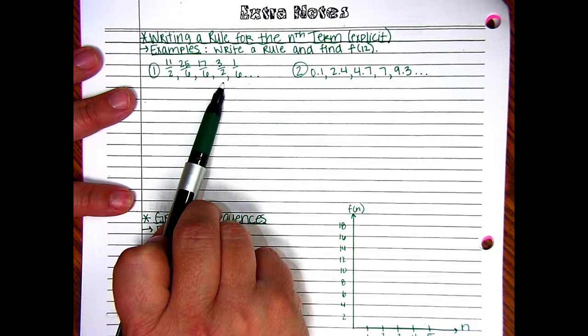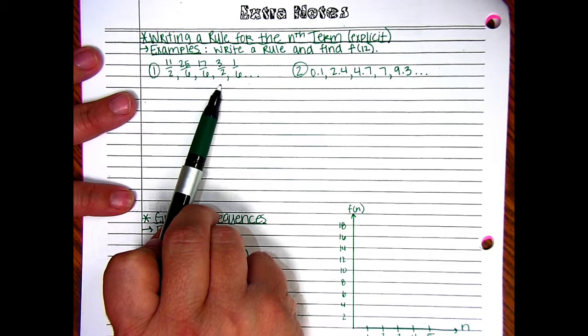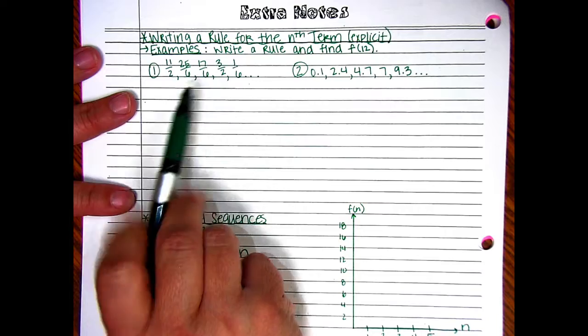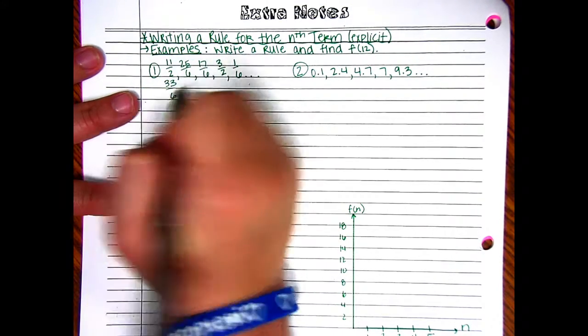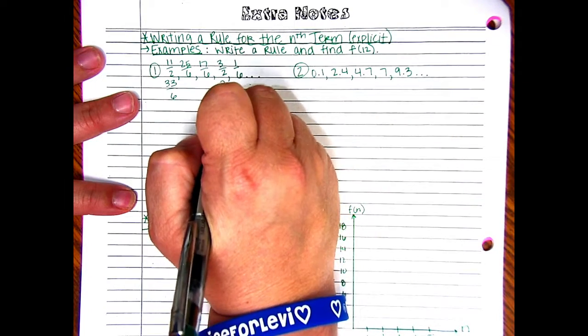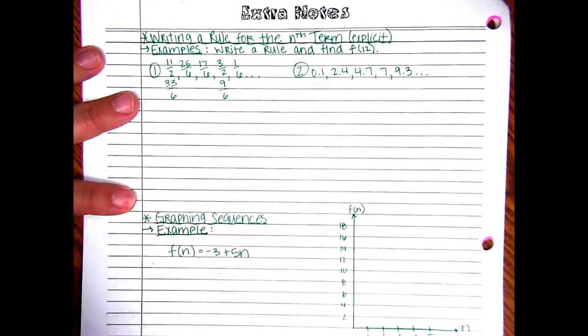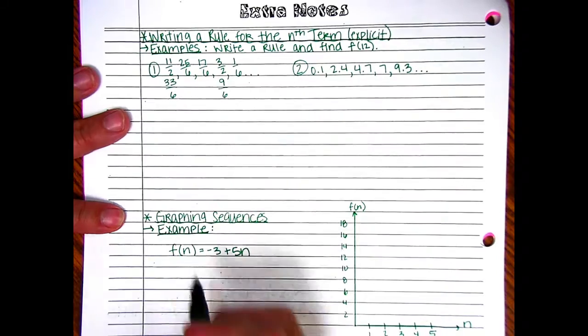To make it easier, you should probably change the denominator of 2 to 6. So the first one is 33 sixths, and then 3 halves is 9 sixths. This will make it a little bit easier to use.